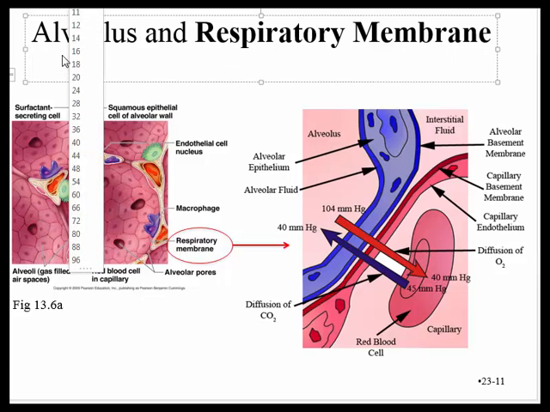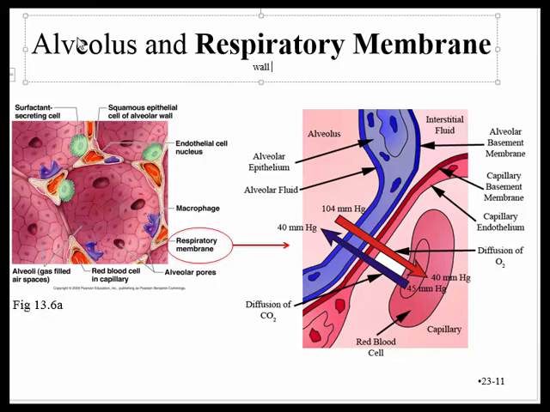We have basically the wall of the alveolus, which happens to be simple squamous epithelium. What we're also looking at is the wall of our pulmonary capillary, which also is simple squamous epithelium.